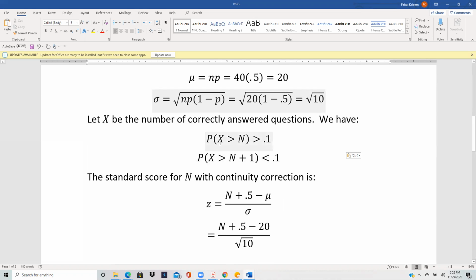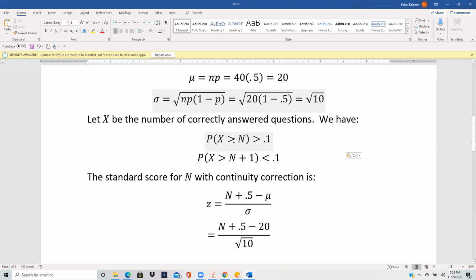So x greater than n, if we apply the continuity correction, will be x greater than n plus 0.5, because let's look at an example. Let's say n was 6. So we're looking at probability x greater than 6. So greater than 6 in discrete means 7, 8, 9, 10, and so on.